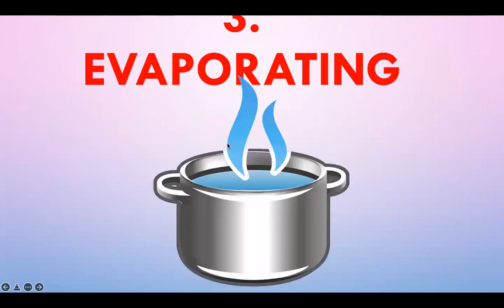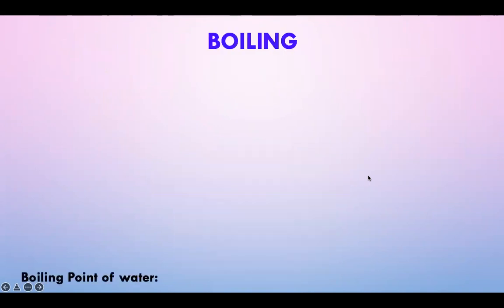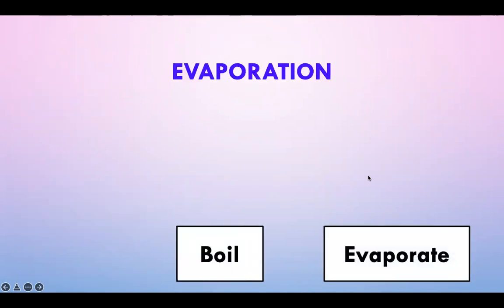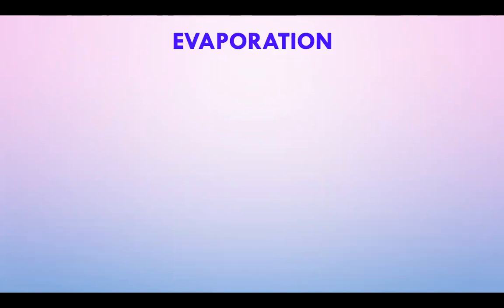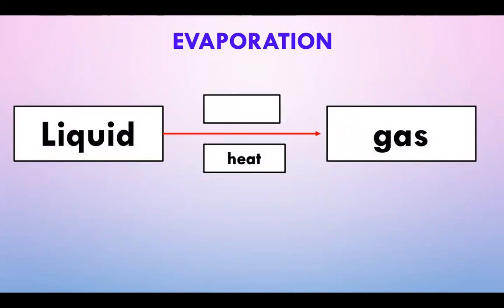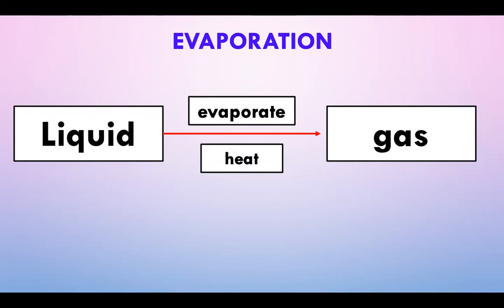That's the reason why. Okay, the third one is evaporating. That you know. So when you boil something, what will happen? When you boil a liquid, evaporation happens. So basically, that is where the liquid becomes gas. Evaporation. So please write down the liquid becomes gas. For example, think water.